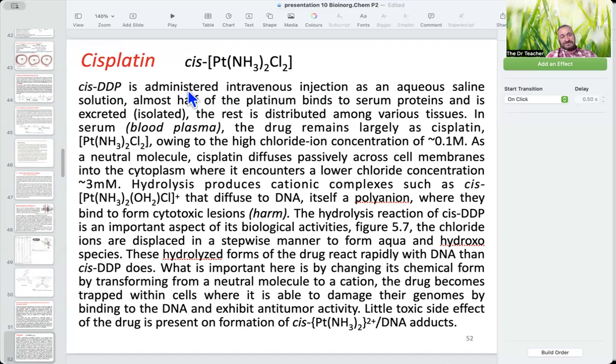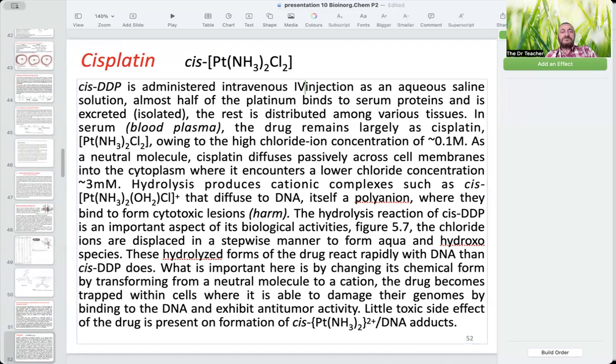We call it IV; in medicine and hospitals, they use IV injection, as an aqueous saline solution. Almost half of the platinum binds to serum proteins and is excreted. The rest is distributed among various tissues.